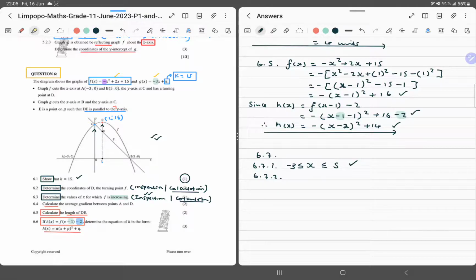If we look at the graph of f and the graph of g to the left of the origin, what do we see? We can see that the graph of g is definitely above, because they are equal at this point. It's definitely above the graph of f. As you can see, the graph of f is negative, while the graph of g is positive.